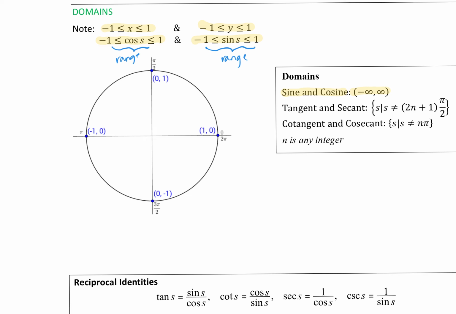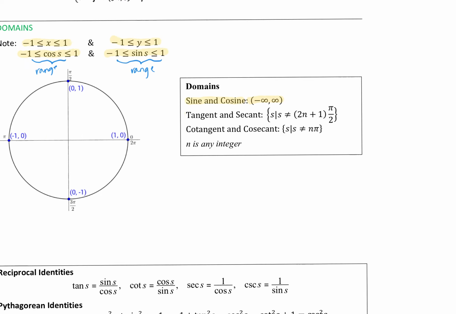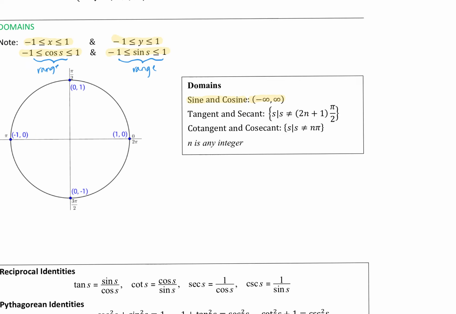So let's look at just the domains of the remaining 4 trig functions. We'll talk about range at a different time. And it's going to be a little weird when we define them. Let's look at tangent and secant, because they're going to have the same domain. This domain is written in set builder notation, going back to Math 135.